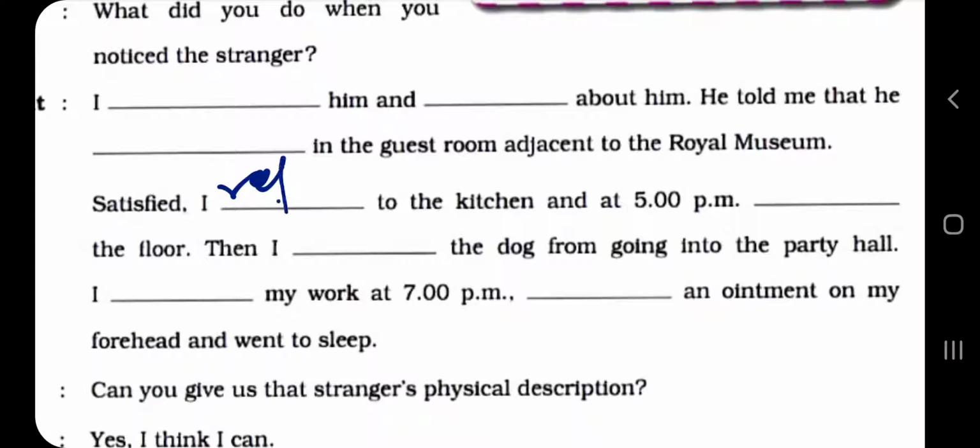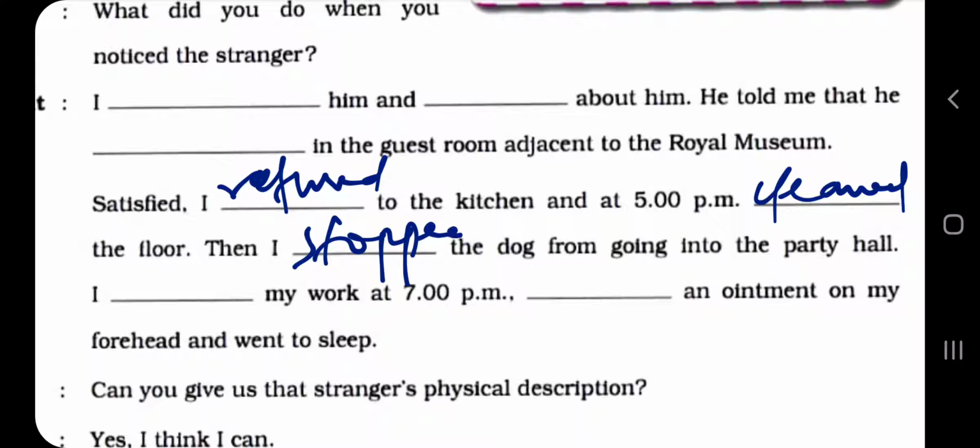Satisfy. I returned. Please see the help box. Returned to the kitchen and at 5 p.m. cleaned the floor. Then I stopped the dog from going to the party hall.